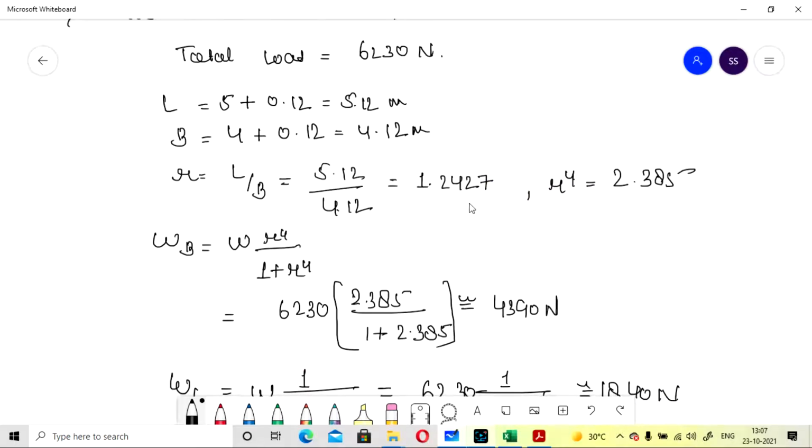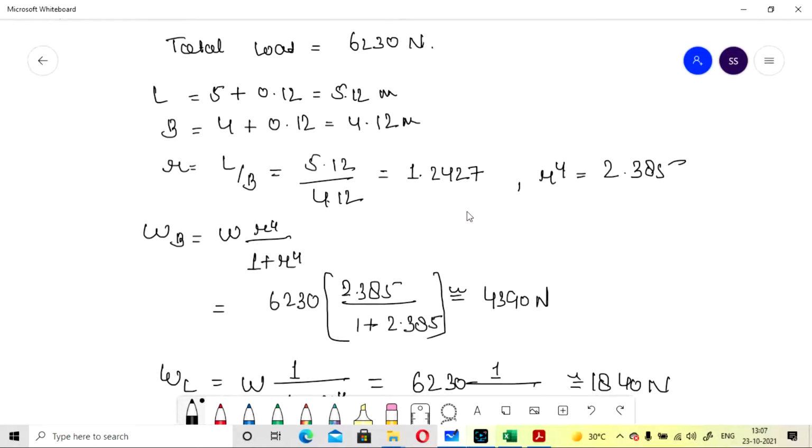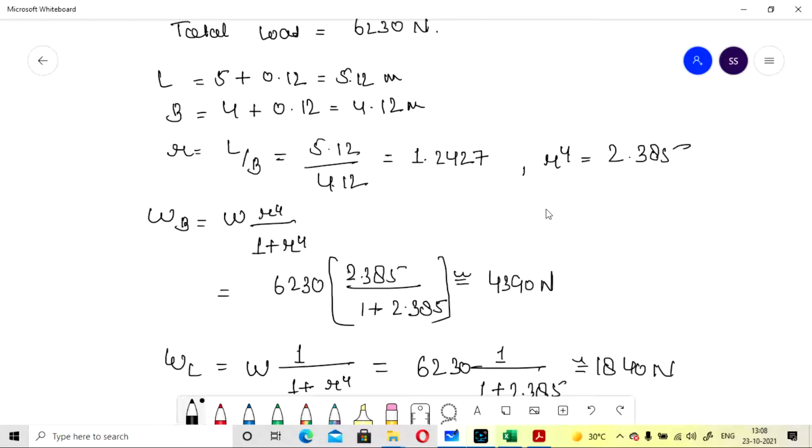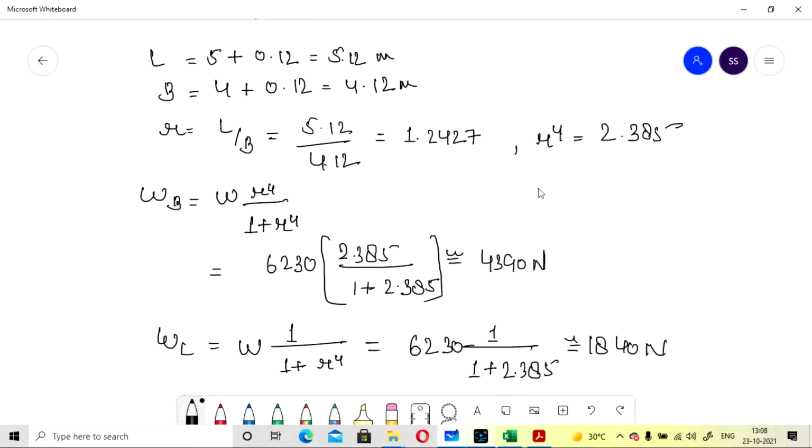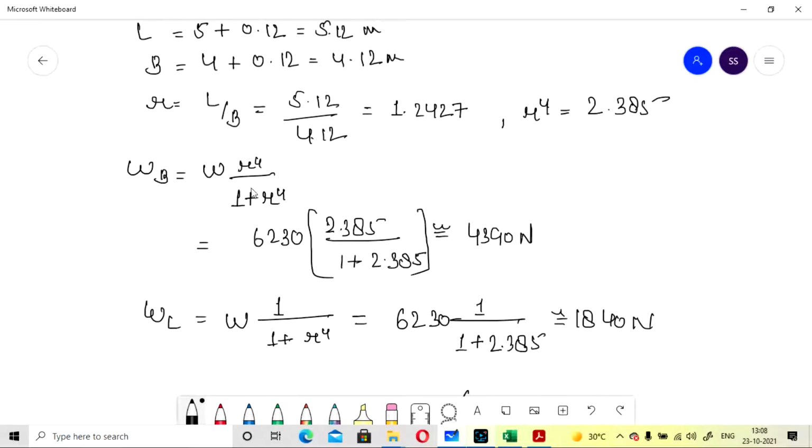Now our R, that is the ratio of both the values, will be coming as 1.2427. So you can calculate the moment by two types. Okay, if you don't know or you don't have the IS code by yourself, then you can also calculate by this method.